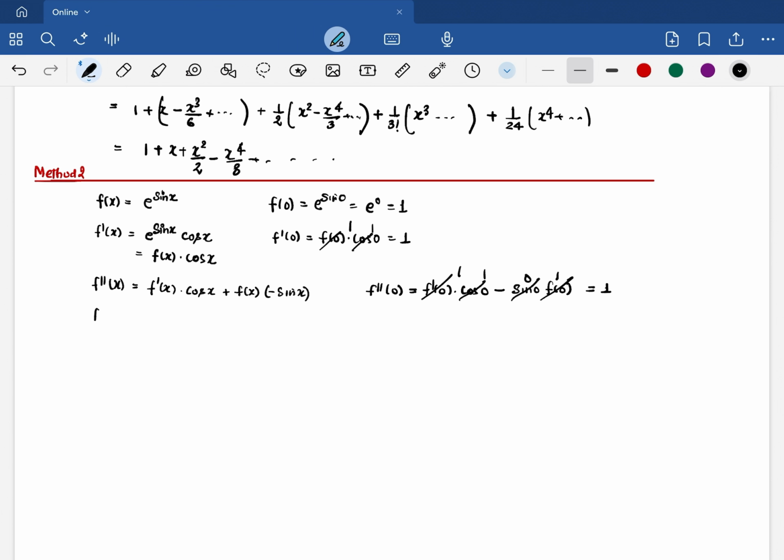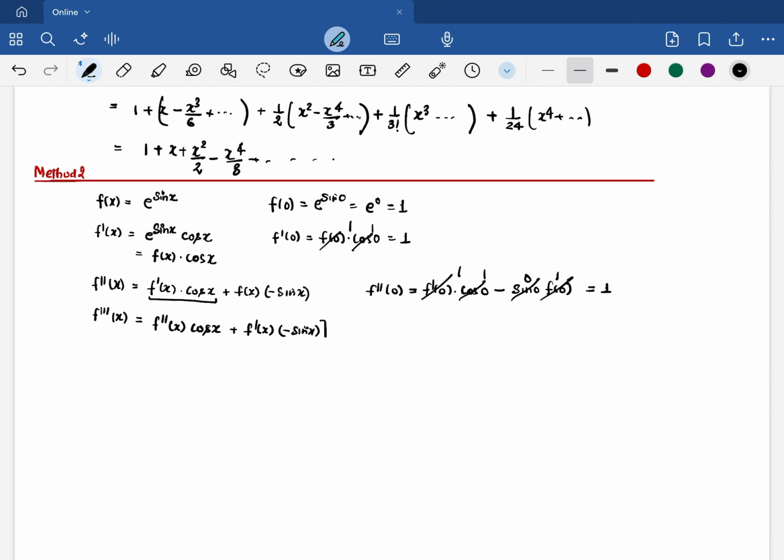Let me do the third derivative for you, f triple dash. Let's solve this one. So f double dash x into cos x, plus f dash x into the derivative of cos x, which is minus sin x.